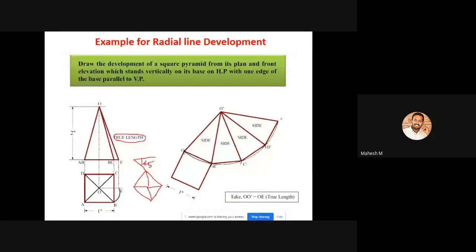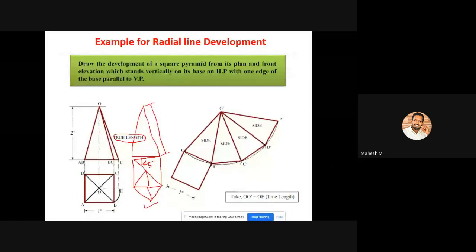And also with that you will be projecting all the points towards your front view. Then you will be creating the front view like this. So you can call this particular length a true length, if we are creating a square at the angle of 45 degrees.